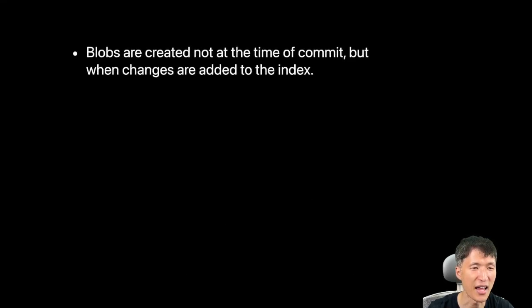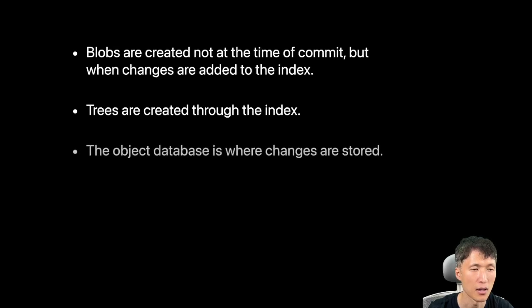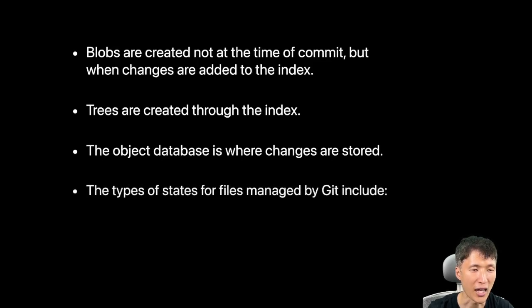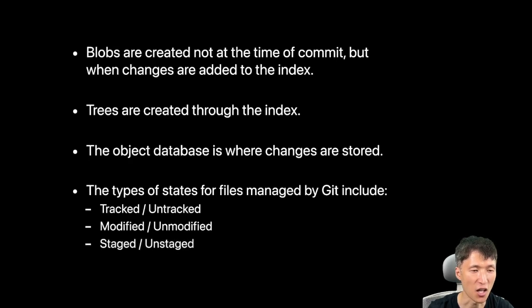Blobs are created not at the time of commit, but when changes are added to the index. Trees are created through the index. The object database is where changes are stored. The types of states for files managed by Git include tracked, untracked, modified, unmodified, staged, and unstaged.